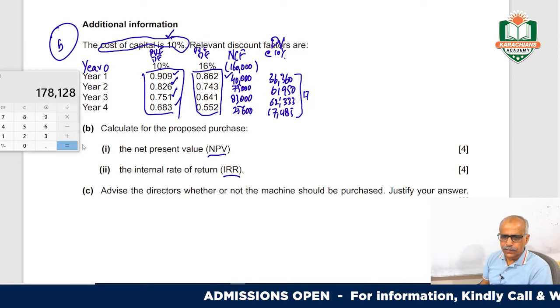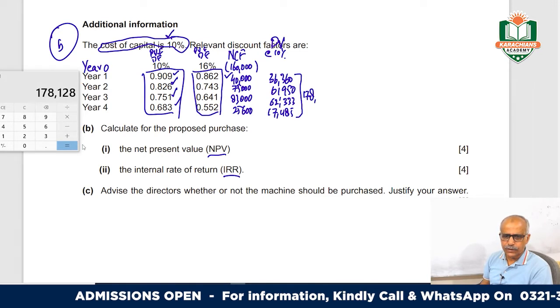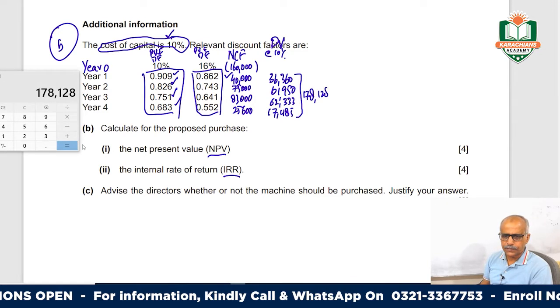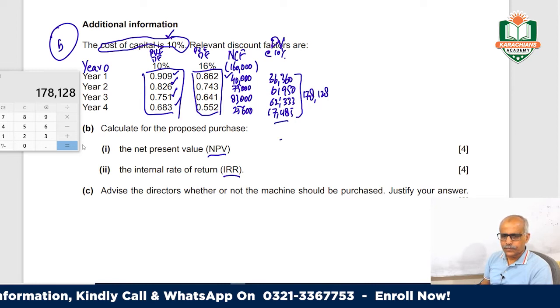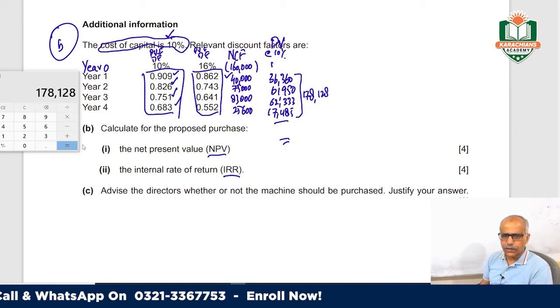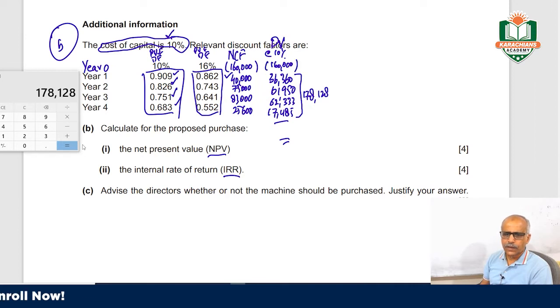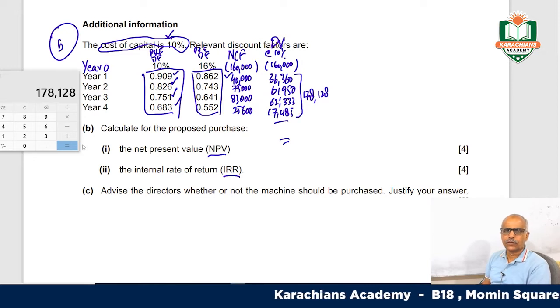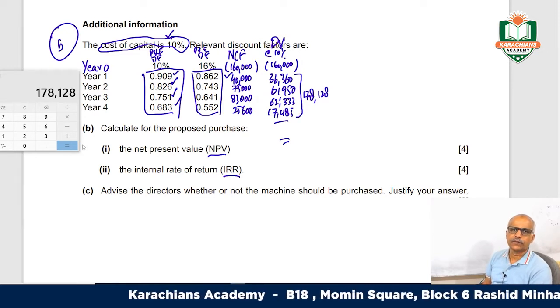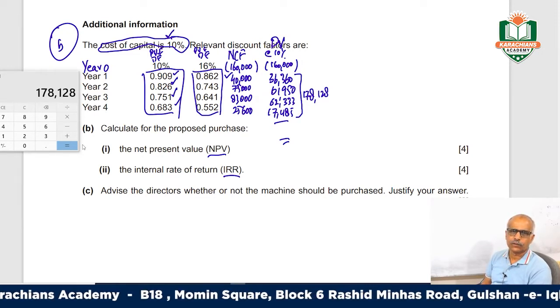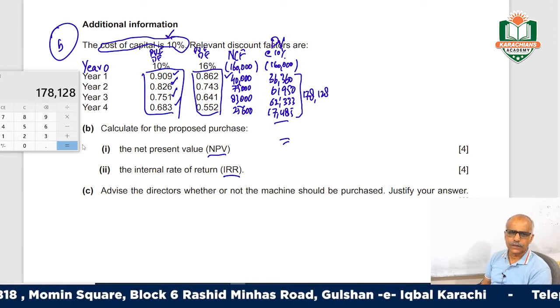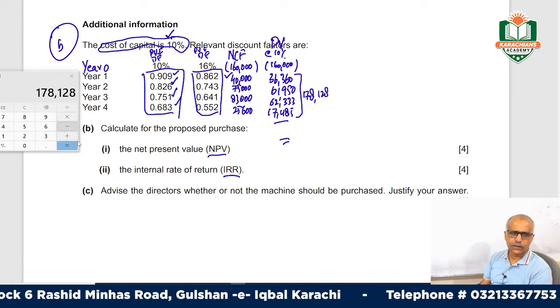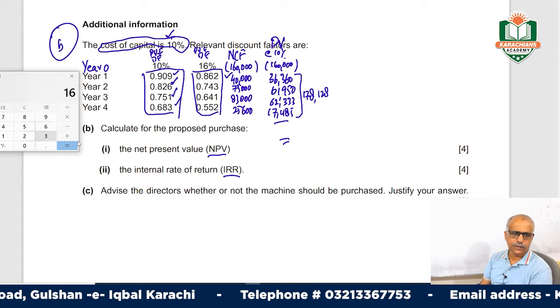So the present value of inflows is 178,128, right? And our outflow is 160,000. So you are getting more positive value. The present value of your inflows is higher than your outflows, right? So this is positive NPV. 178,000 minus 160,000.